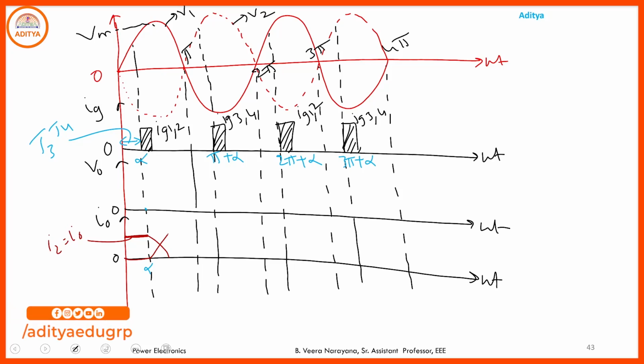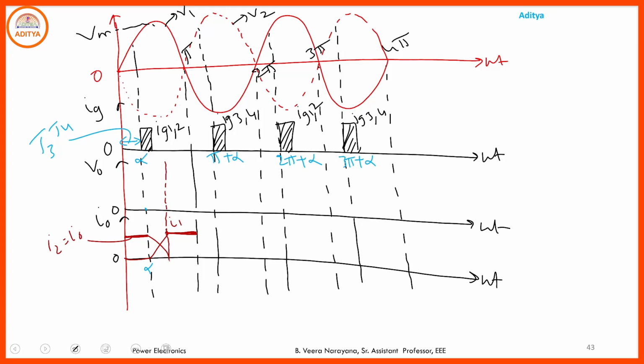That means here I2 is equal to I0. If you provide the gate pulse to T1, T2, then what is the I0? I1. So here it is the I1 which has the magnitude I0.